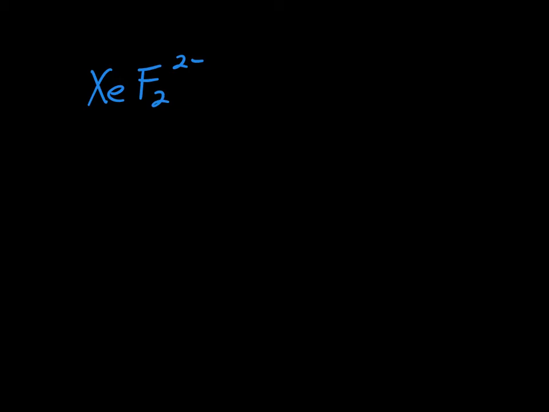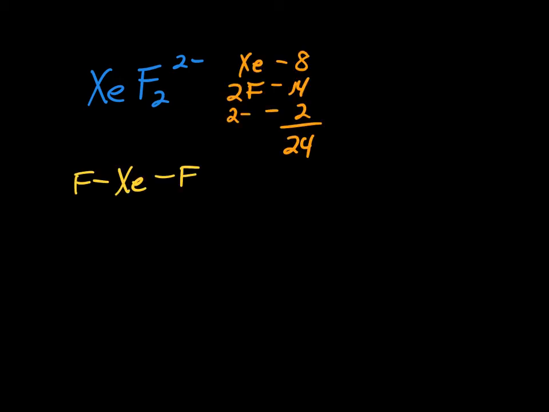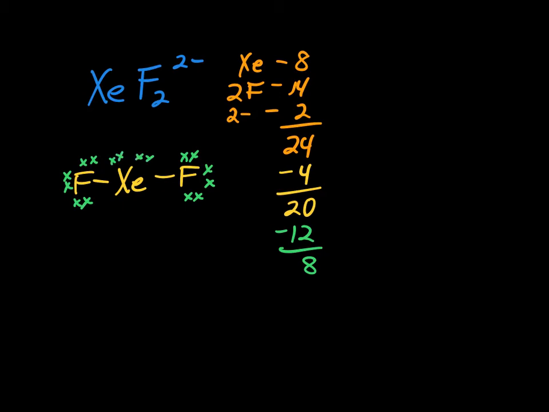And with the XeF2 2- ion, that gives us 24 electrons to distribute. The connected structure accounts for 4, leaving us 20. When we distribute them around the fluorines, that gives us 12, leaving us 8 that we can distribute in 4 pairs around the xenon.